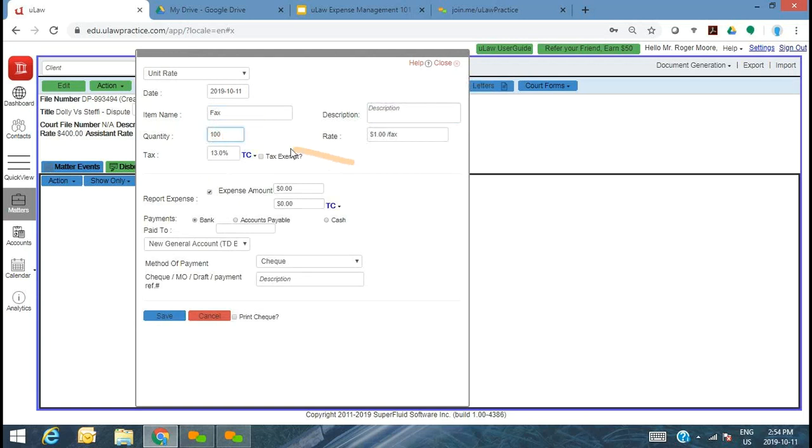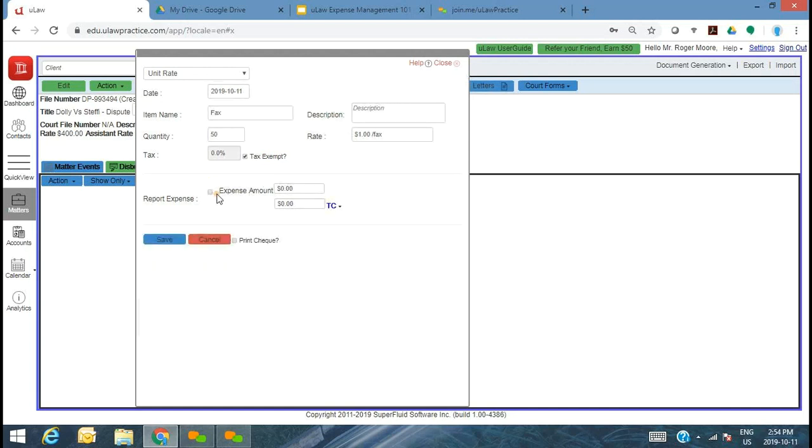Let's say I had about 50 different faxes, and I'm charging maybe $1 per fax. I could be charging taxes, or maybe I'm not charging taxes. I could have sent this fax right out of my office, in which case typically there is no expense related to it. So I'm just dispersing $50 of disbursement to this client, which is really the client-related expense.